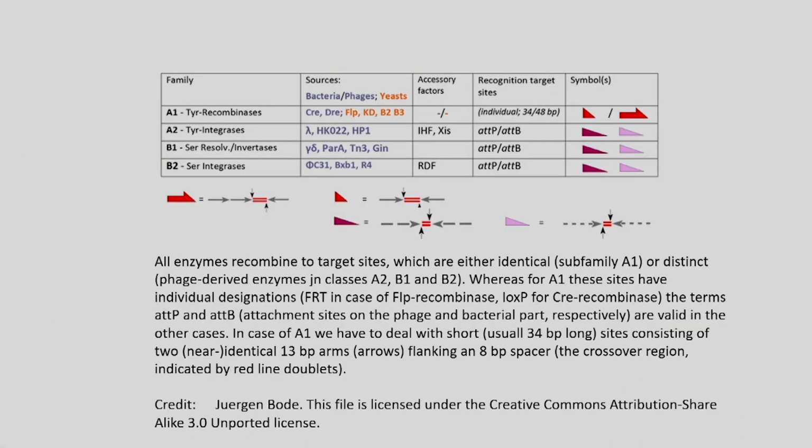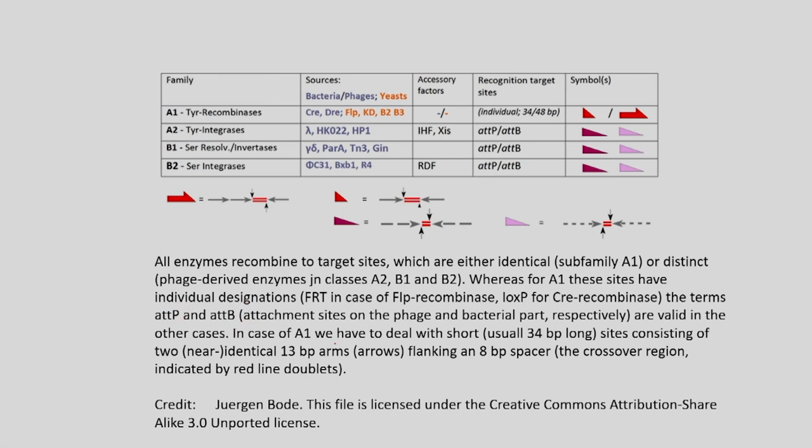All enzymes recombine target sites which are either identical or distinct, whereas for each of them these sites have individual designations: FRT in case of FLP recombinase, loxP for Cre recombinase. The terms attP and attB are attachment sites on the phage and bacterial part respectively, and these are valid in other cases as well.